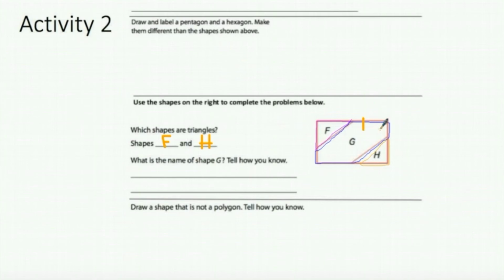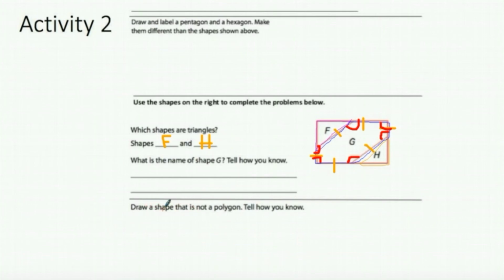You've got 1, 2, 3, 4, 5, 6 sides, and let's look at the angles. 1, 2, 3, 4, 5, 6 angles. So think back to what shape you would write right here. That would tell you how many angles.